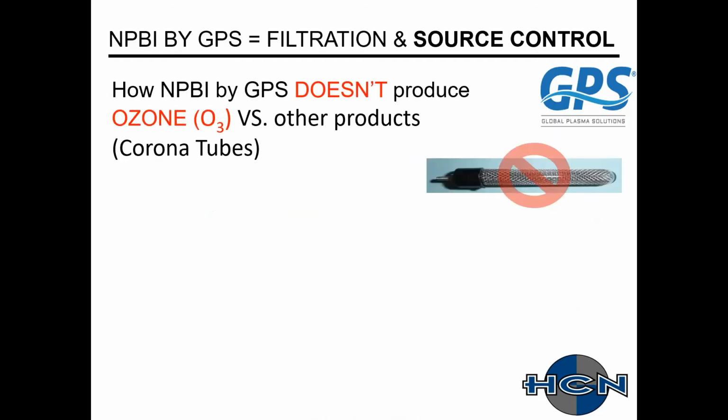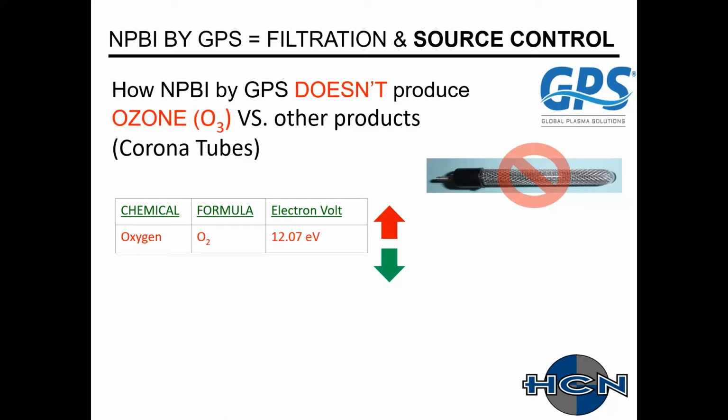All right. So another thing you have to be concerned about with electronic charges is ozone. GPS does not produce ozone, versus other corona tubes, which I've shown in a general picture there on the right. So back to our electron volt potential. Oxygen, which is O2, has an electron volt potential of 12.07.